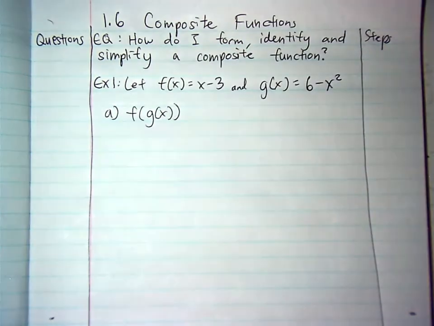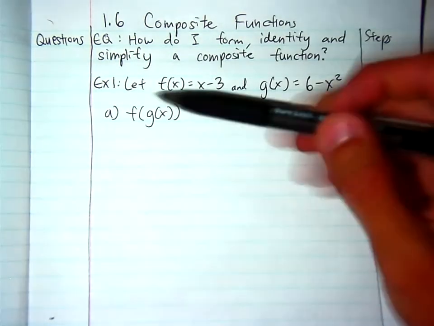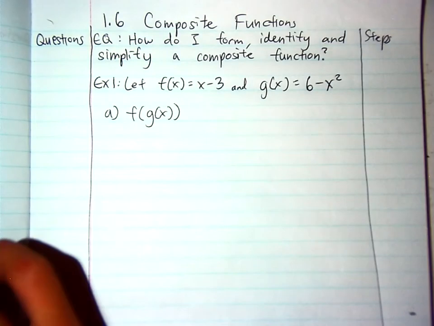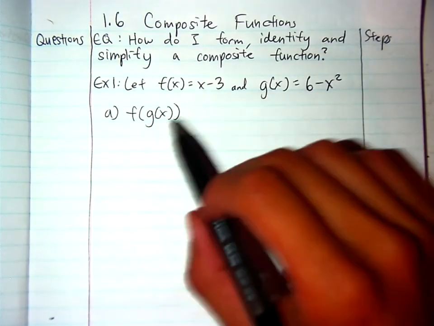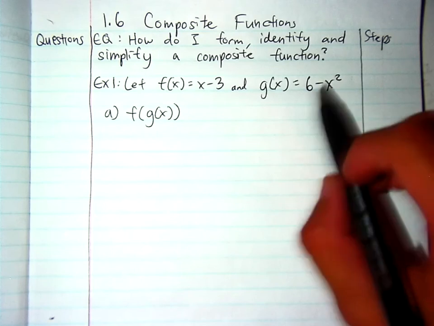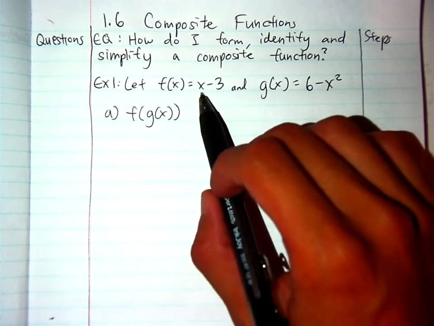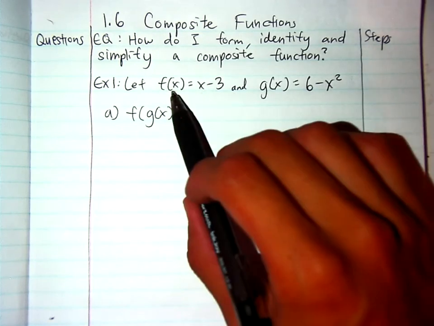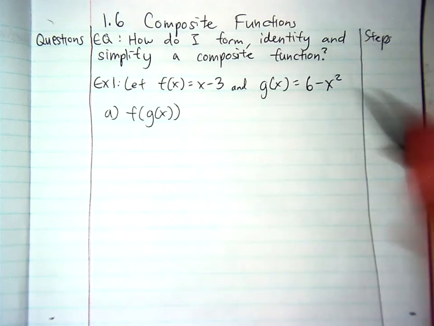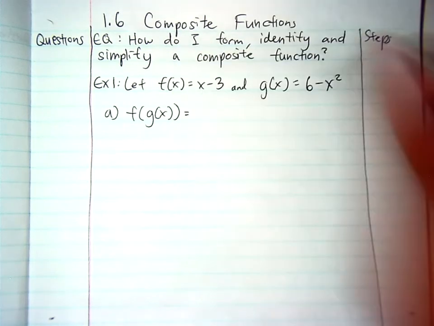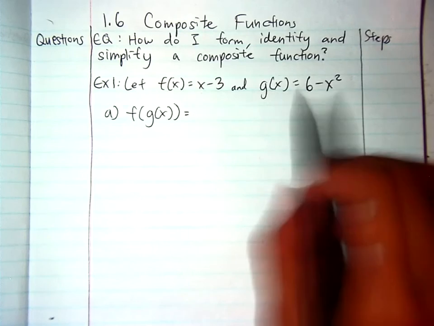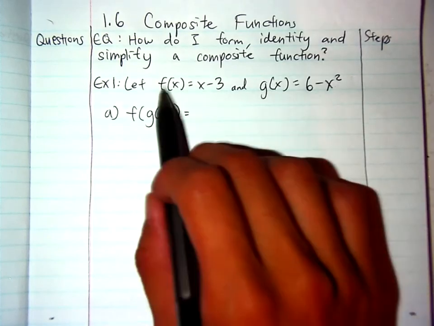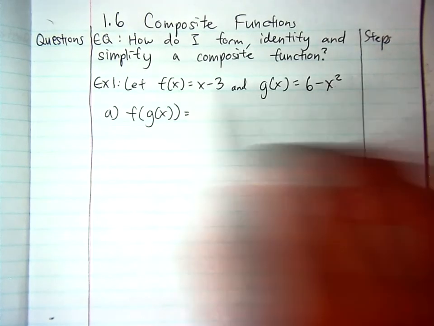If I look at this function, g of x is inside of f of x, which means I'm going to plug g of x in for every x value of f of x. If it was f of 2, I would plug in the 2 for x.